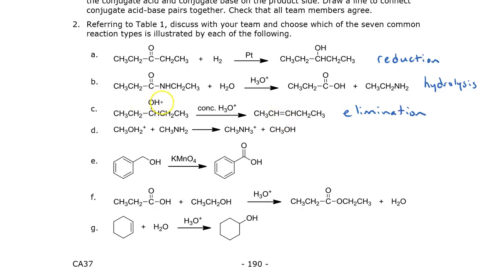I've lost this OH group, and I've lost one of these hydrogens. So I've lost water. So you could write plus water as a product here. So you should be able to recognize that even though the other product, water, is not shown and the reaction is not balanced. It's time to do letter D.